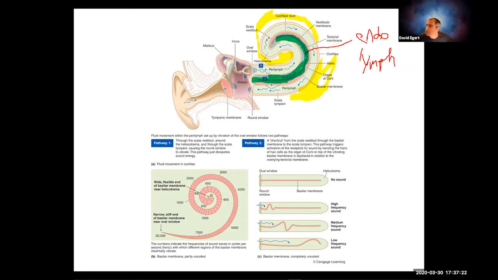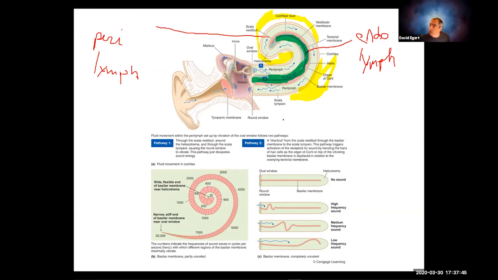But then there's also a different fluid that's in between the membranous and bony labyrinth called the perilymph. Again, don't get too concerned about the differences between their compositions.